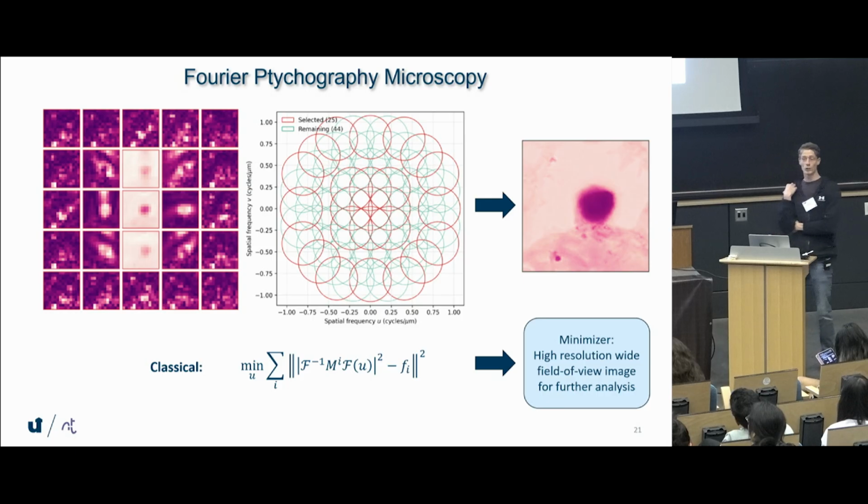Yet, in Fourier ptychography, this is often super expensive. You have hundreds of images F_i, so this sum here contains 100 summands, and what you're interested in ultimately, this U here, is often a gigapixel image.